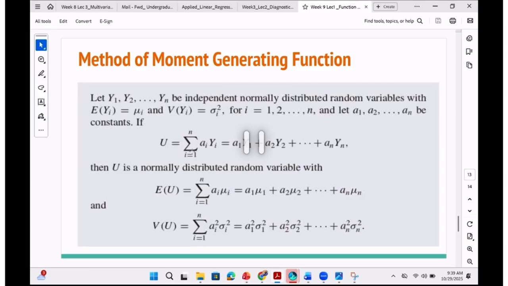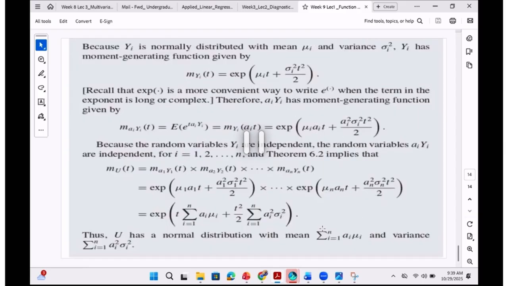If I want to rewrite u now, if u is a linear combination, where we have a1y1 up to that, then the mean is just going to be this guy here, and the variance is just going to be this guy here. Now, I need you to pay attention.